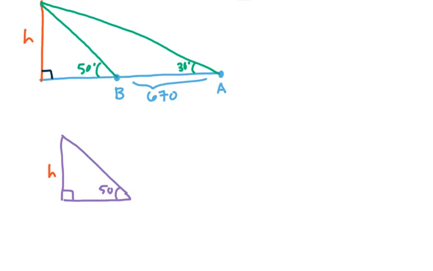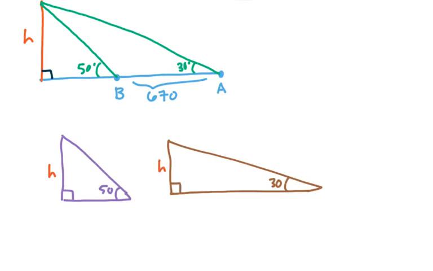I don't know either of the two sides. My other right triangle that I'm going to pull out is the larger one, containing that 30-degree angle. And again, that vertical side, that's going to be my H. So I'm going to have to create another variable because I don't have enough information.